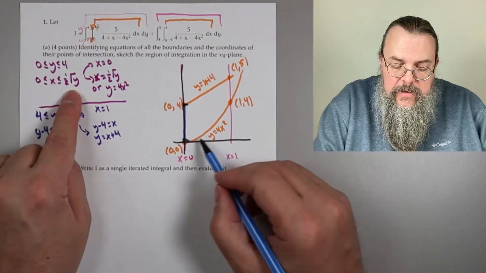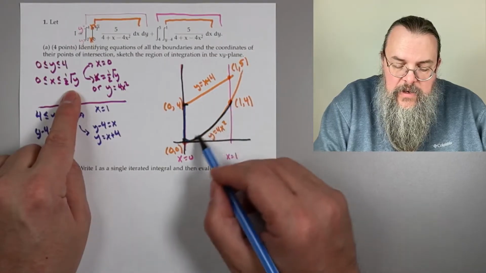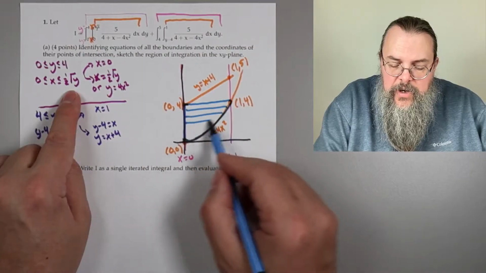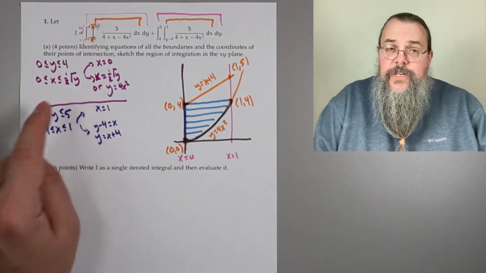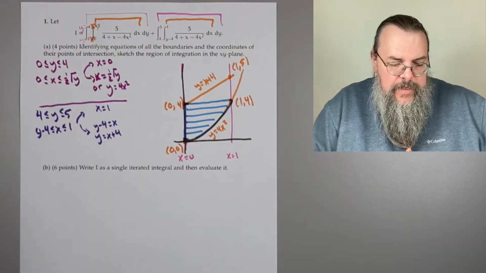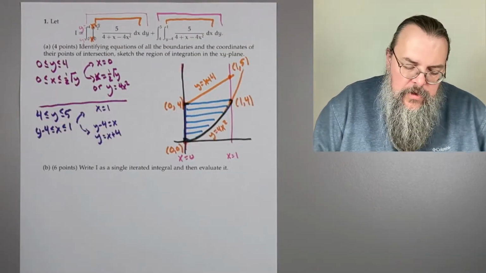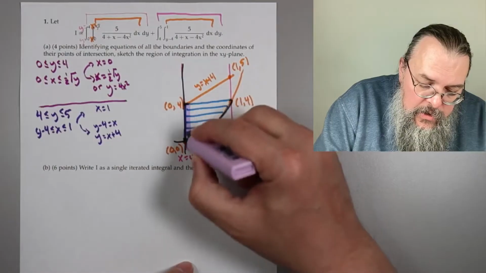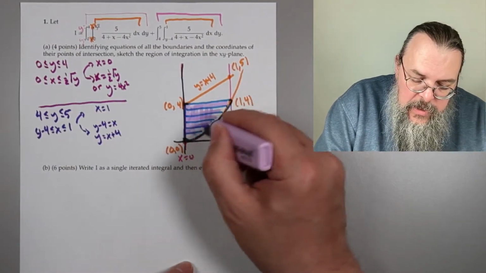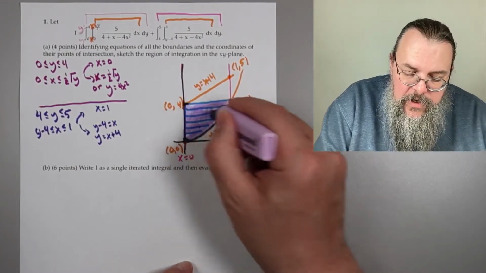The right-hand side is this curve here. And so we have this part right there. So that's our region. It's a part of the parabola. And let's shade that in. All right, so we'll come in here, and we're shading. There we go. There's our region.